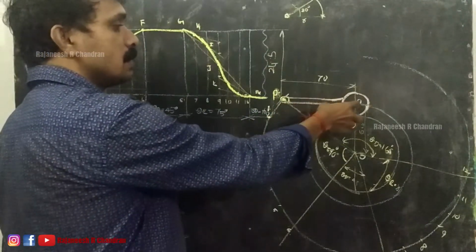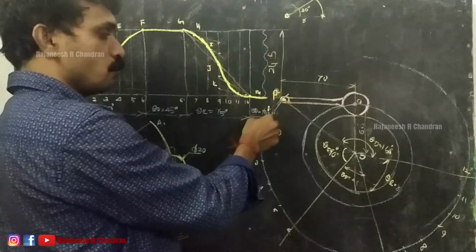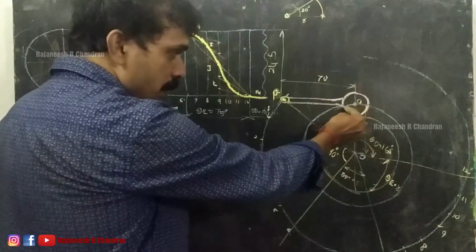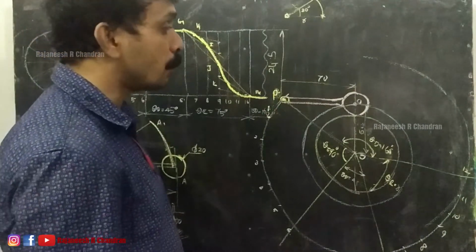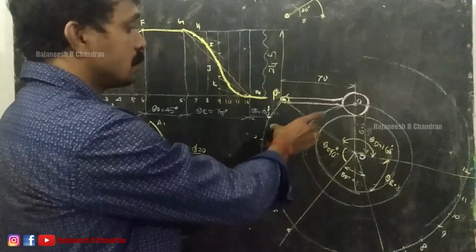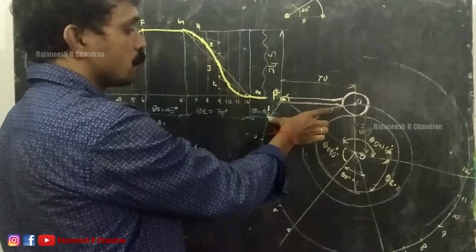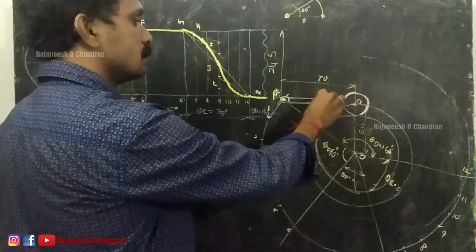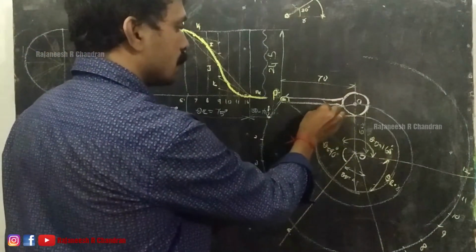When point P moves to 1, O will move to some other point, but that point will be along this prime circle, right? So how can we obtain that point? Easy. If this is 70, that will also be 70. So from this point, draw an arc having radius 70. Draw like this. Mark this point as 1.